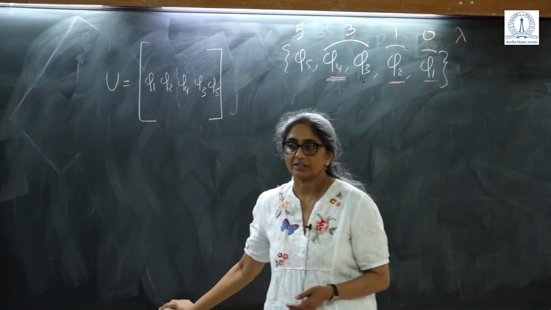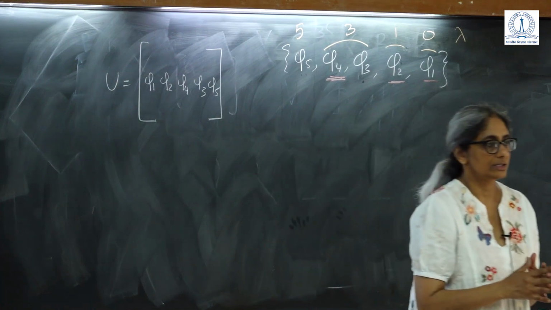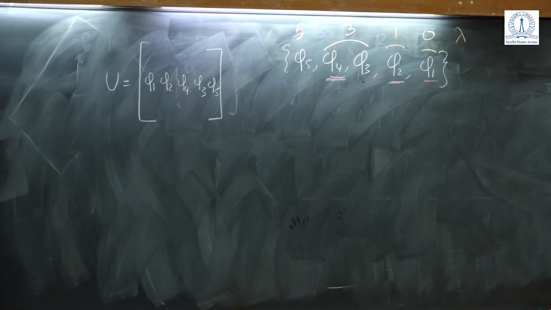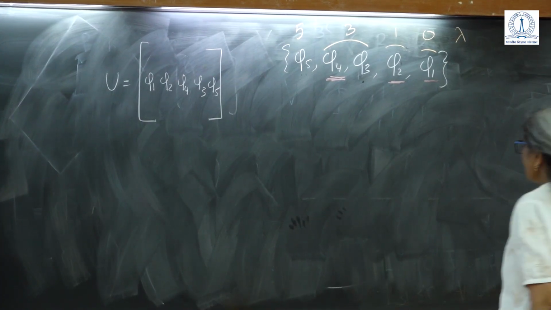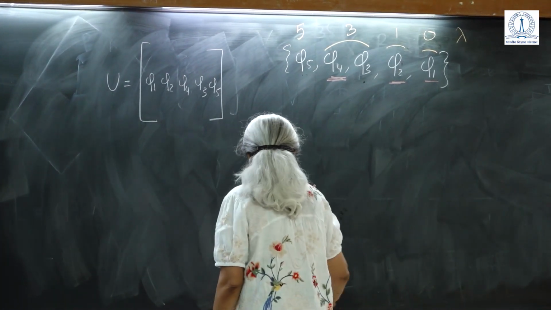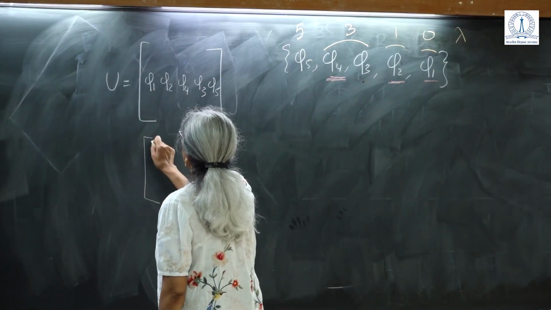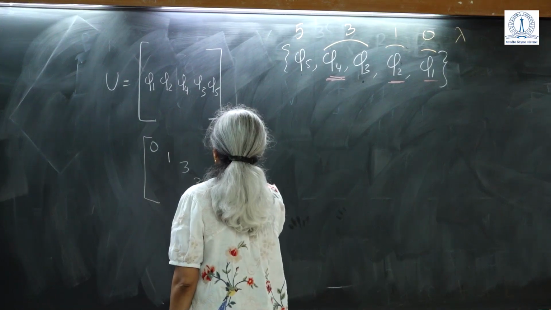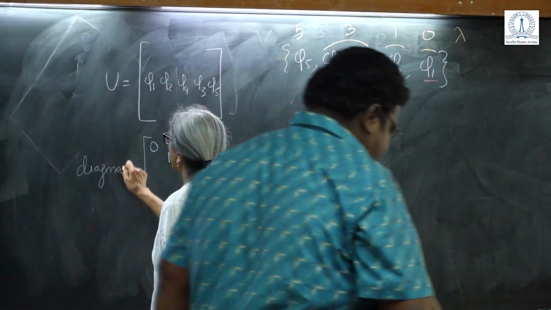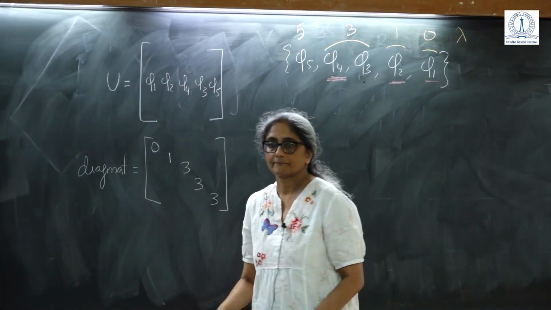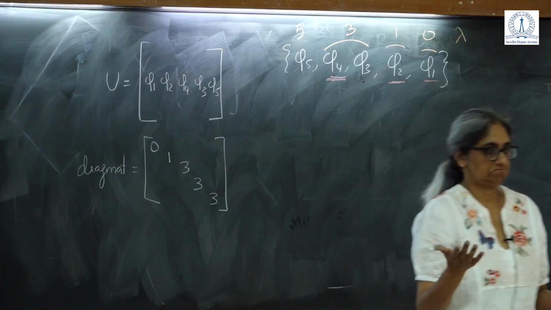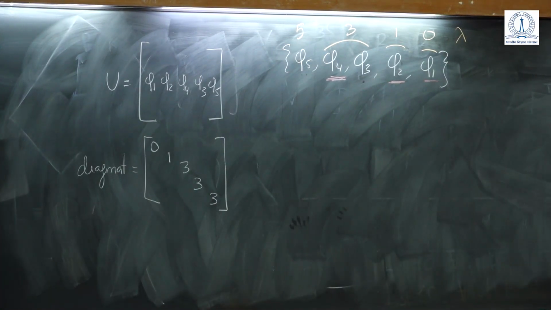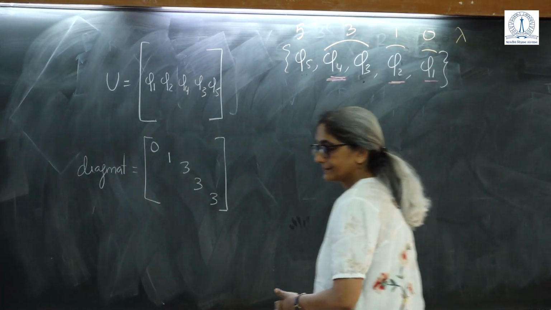So we just changed the order so that the first 3 are frozen and the other 3 are not, okay? And then the diagmat should still be eigenvalue 0, eigenvalue 1, eigenvalue 3, 3, 3. This is still diagmat. Okay, so just make that small change and then we should be good.